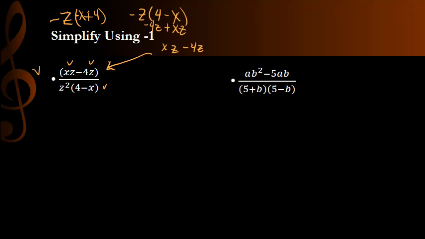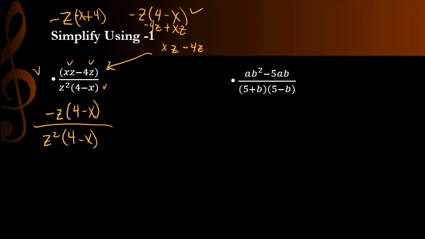So what we want to do is factor out negative 1z. That's going to leave me with 4 minus x. I want it in that form, this 4 minus x, and now that's over z squared times 4 minus x.